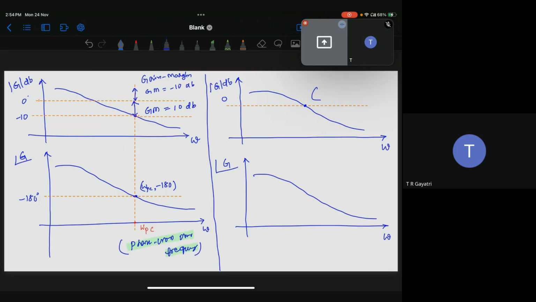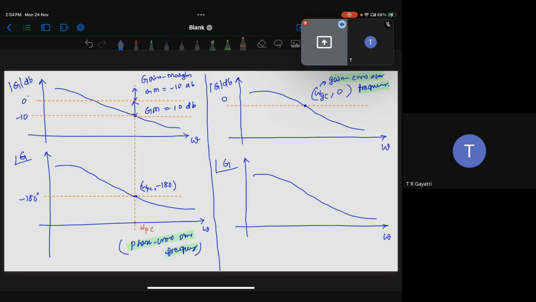Let's say that is 0 on the y-axis. Here we say that is omega gc, which is nothing but the gain crossover frequency. So here we have the phase crossover, and here we have the gain crossover frequency.